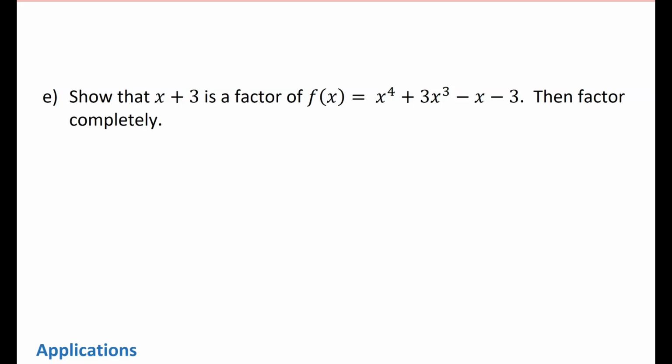Just factor it, and then once you have the factors, we say x plus 3 is one of the factors. Yes, right. So I wouldn't spend time plugging in -3 and finding if it equals 0, because if we factor it, we are already going to know. What is a quick way to factor this also?